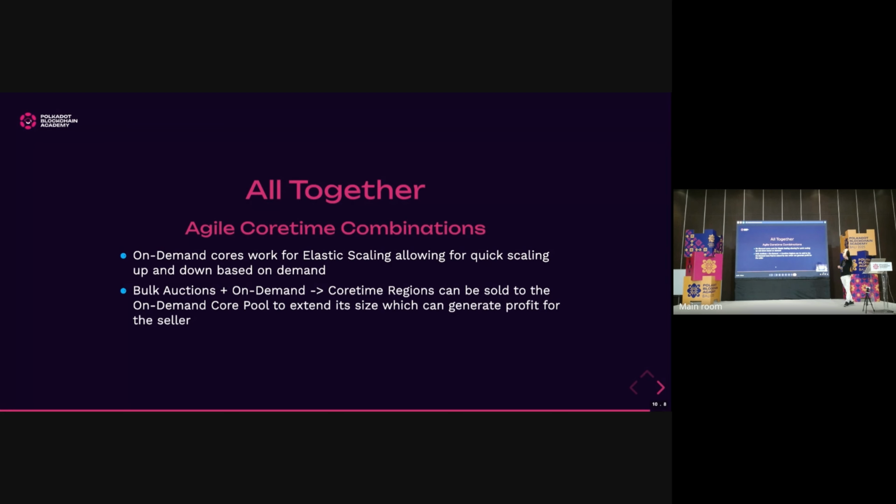For instance, we have a bunch of cores being provided to the on-demand pool. But what if the desire for on-demand is much higher than that, and the hard-coded cores are not enough? What is possible is you can buy the bulk auction leases, the bulk auction NFT, the regions, and submit them to the on-demand pool to effectively expand how many execution cores are being provided for on-demand. And if you do it, then you're also getting some percentage of the profits coming from on-demand.